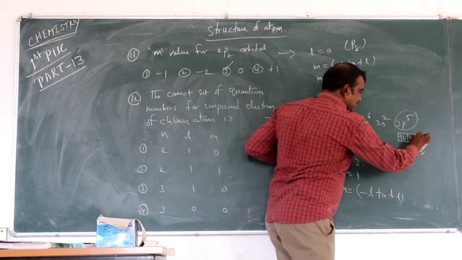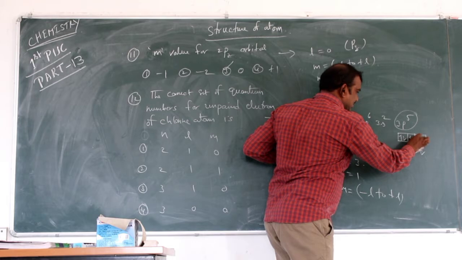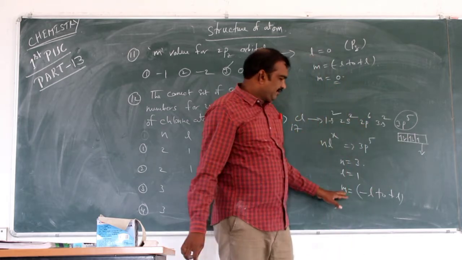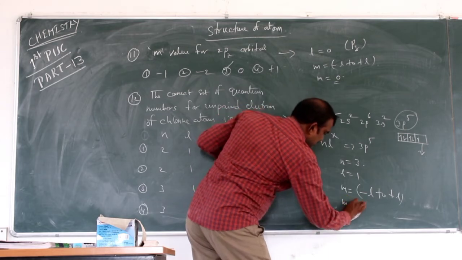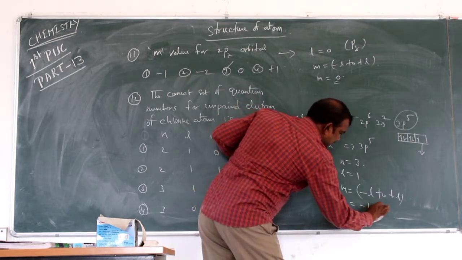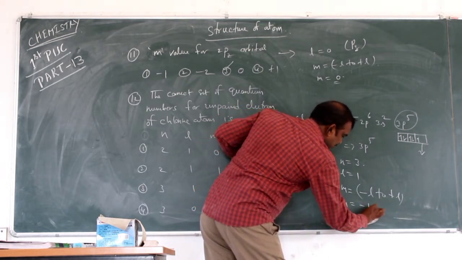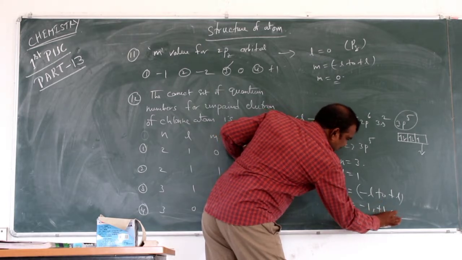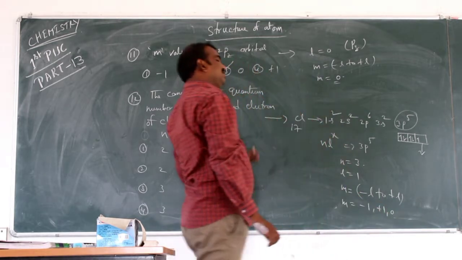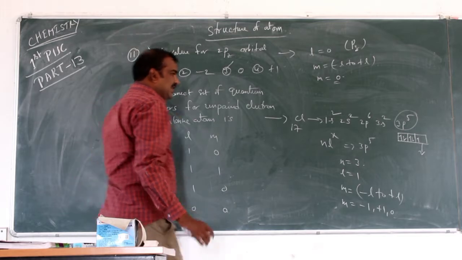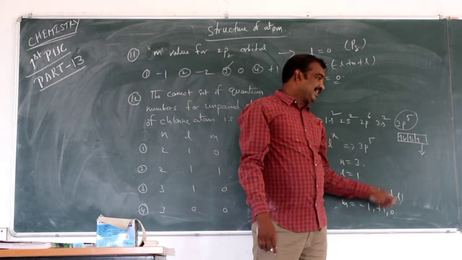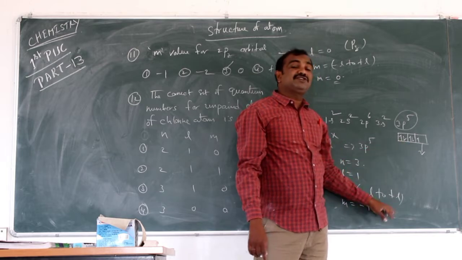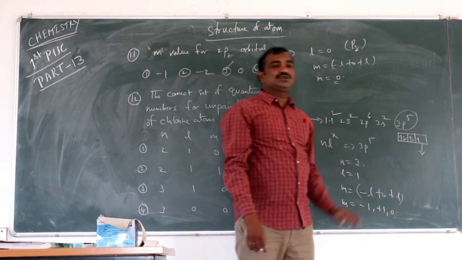So taking m from minus l to plus l, m is equal to minus 1 to plus 1, that is minus 1, plus 1, and 0. Which indicates minus 1, which indicates plus 1, and which indicates 0?